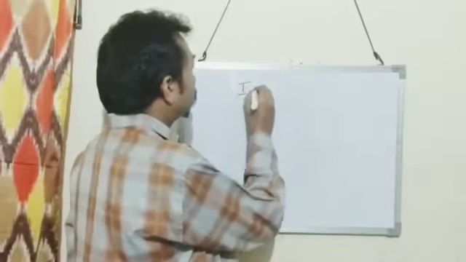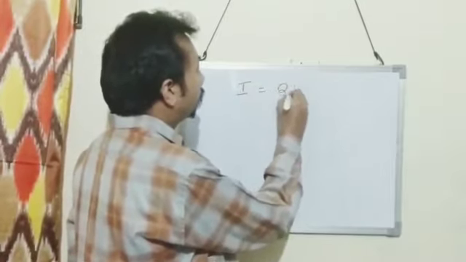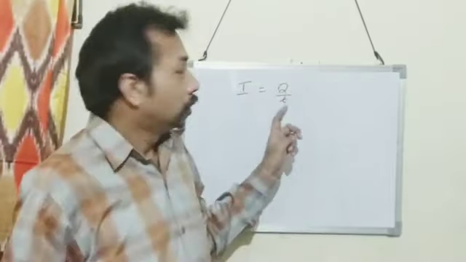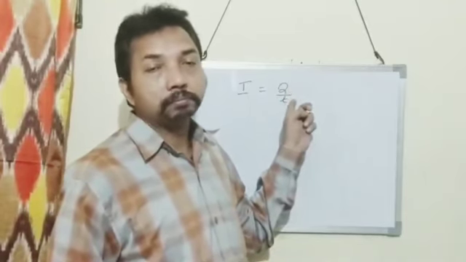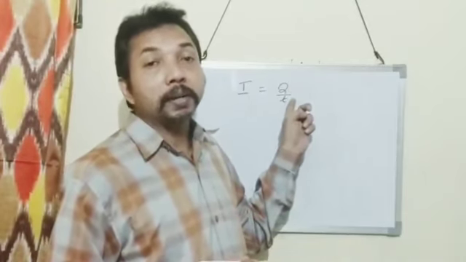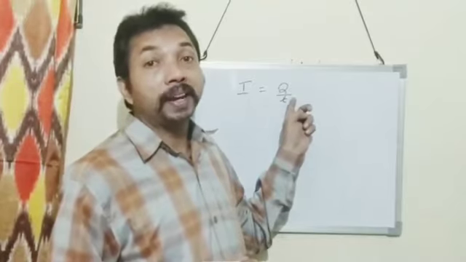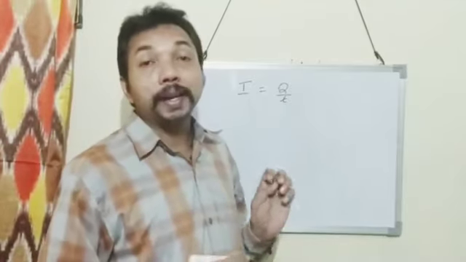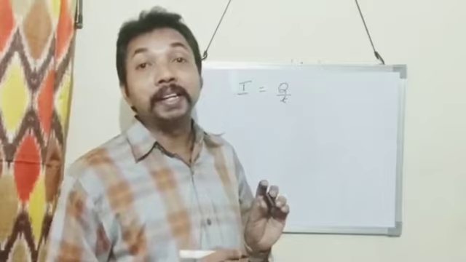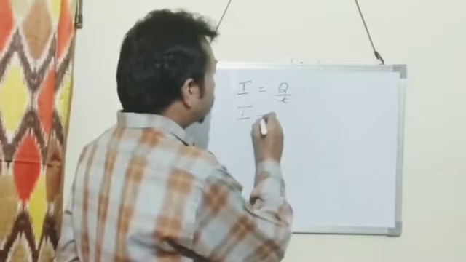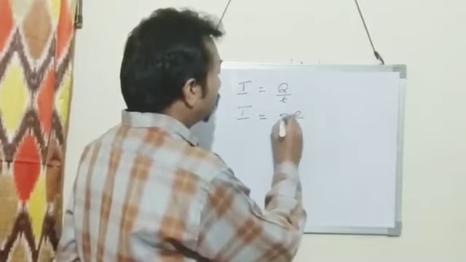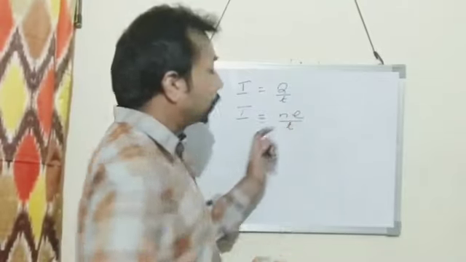Current I is equal to charge upon time. Q stands for charge and T stands for time. Q is same as number of electrons, so Q can be replaced by N into E. Then the formula will be I is equal to N into E divided by T.